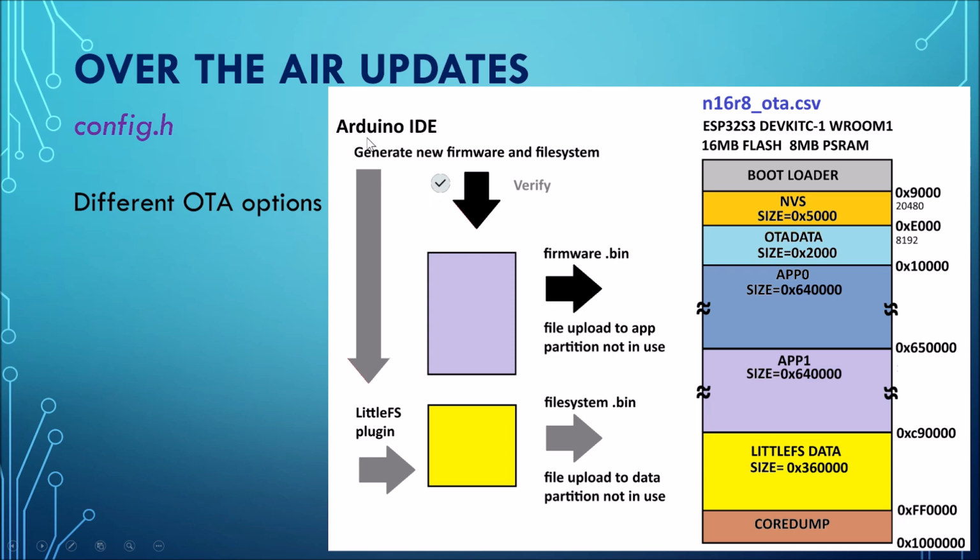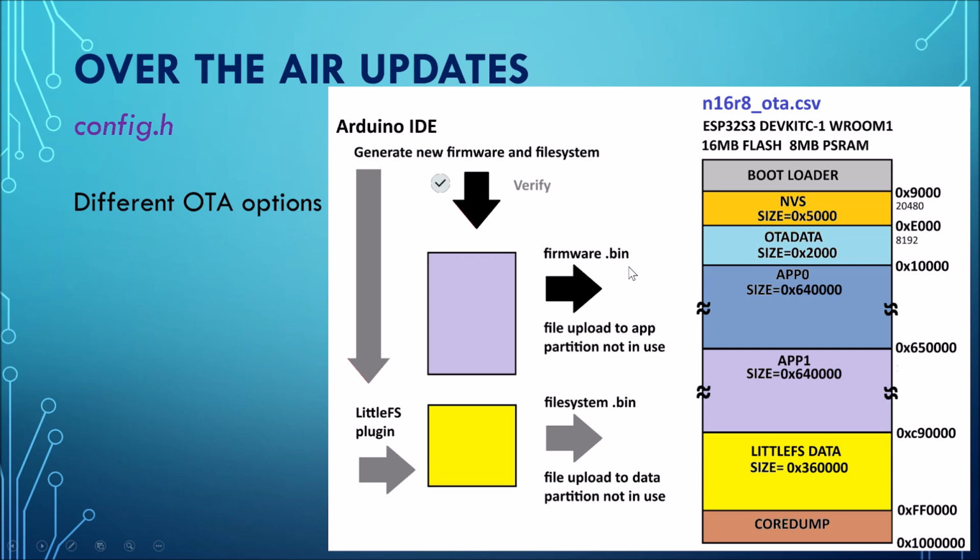Within the Arduino IDE, we use the LittleFS plugin to generate the Filesystem.bin file. And those two files are what the OTA software will use, it'll upload these two into the appropriate folders.